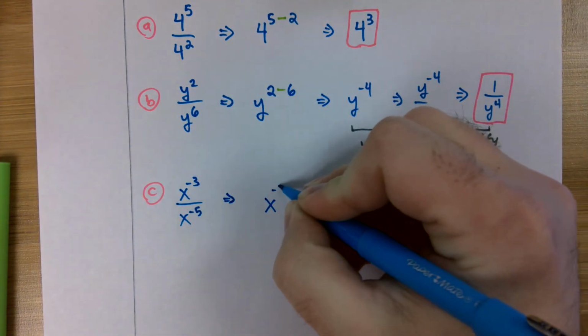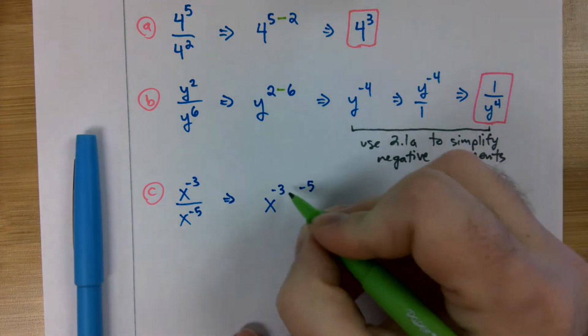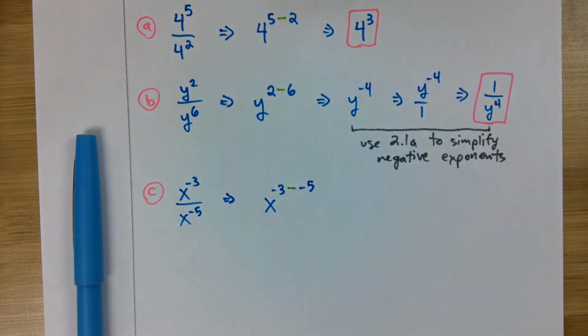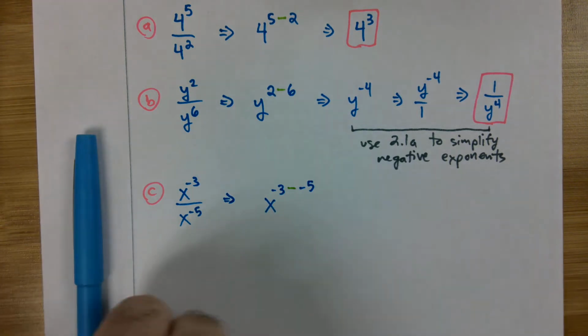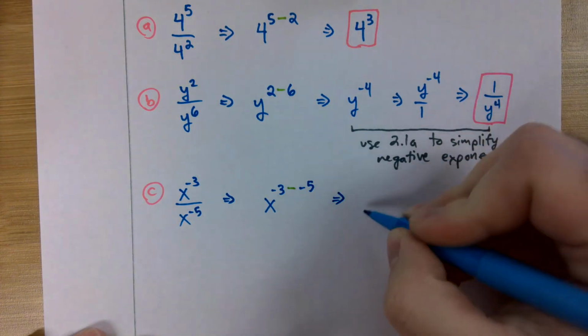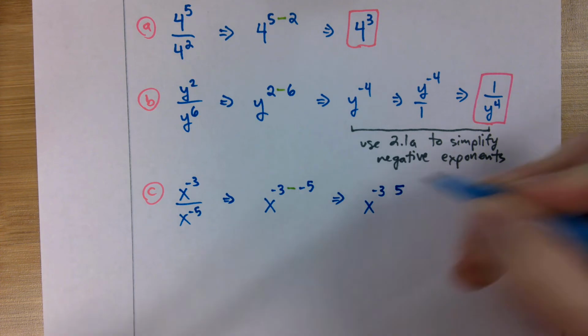So x to the negative 3 minus negative 5. Now, yesterday we saw plus signs next to minus signs, right? And they formed a minus. What are two minus signs going to come together and form? A positive, right? So let's rewrite this as x to the negative 3 plus 5.